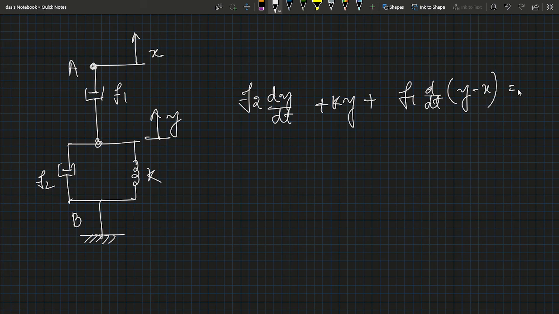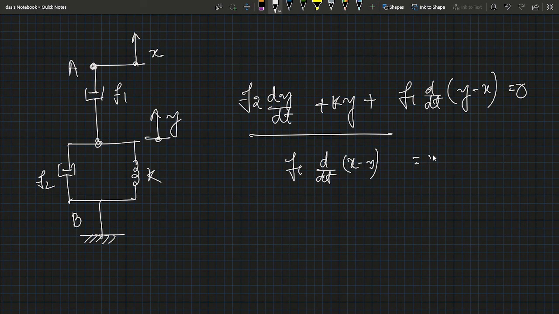This is the resultant, because it is y minus x. For the other equation, f1 d/dt (x minus y) equals force, which is zero here because no force is applied.